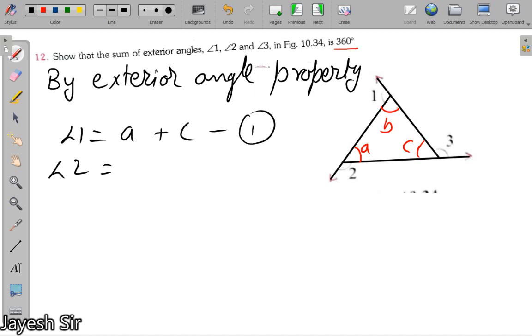Angle 2 will be equal to B plus C, opposite interior angles. And similarly, angle 3 will be equal to B plus A.